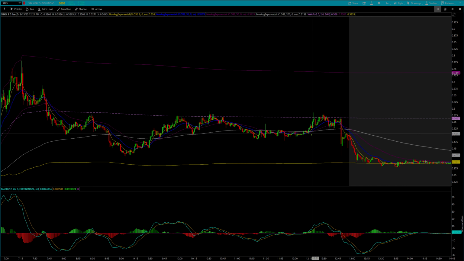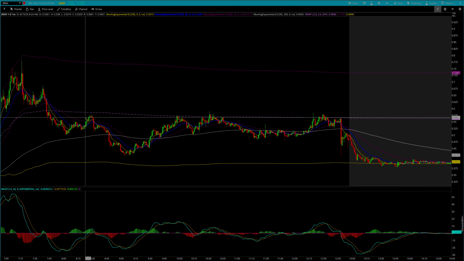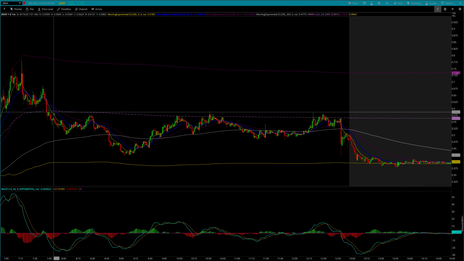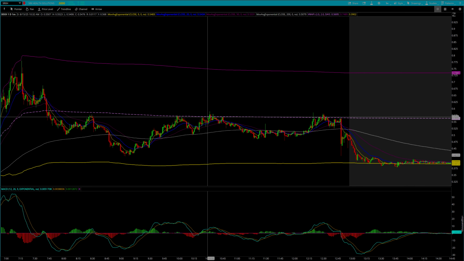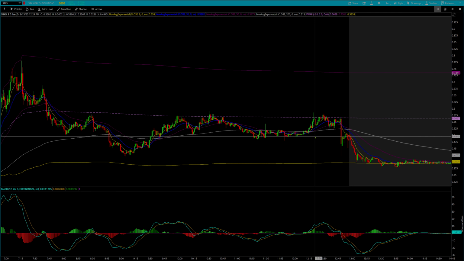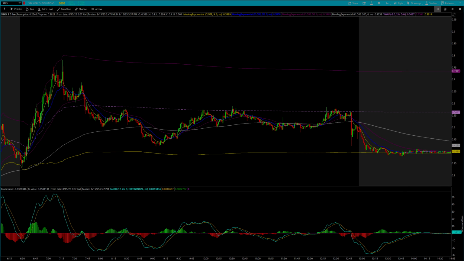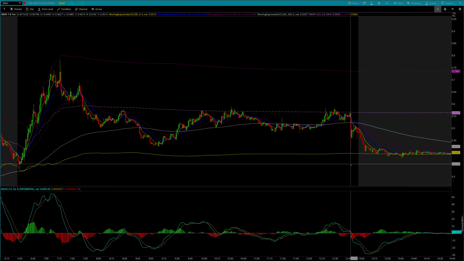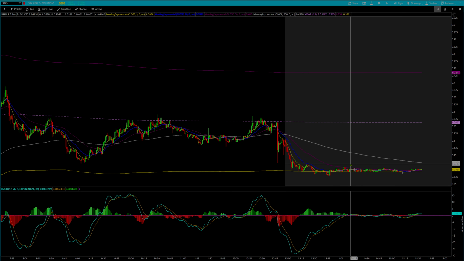And that's interesting. So it was up here, but it didn't have the strength. So 1, 2, 3, 4 tries before I finally gave up. The buyers or the bulls just didn't have the patience to sit there and continue trying to fight it.